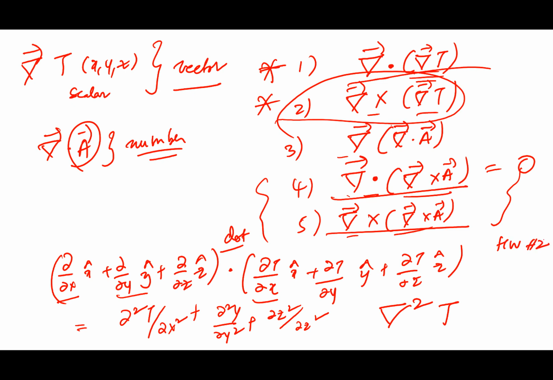So this covers all the things we need in terms of differential calculus. We'll talk about the Laplacian of a vector later in more detail. I have not given complete details of the Laplacian for vector fields, but I have only looked at the Laplacian for scalar fields here. But for now, what we have done is we have looked at what the gradient is, what divergence is, what curl is.